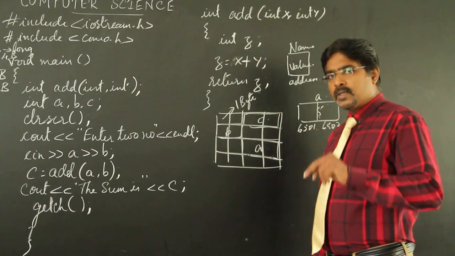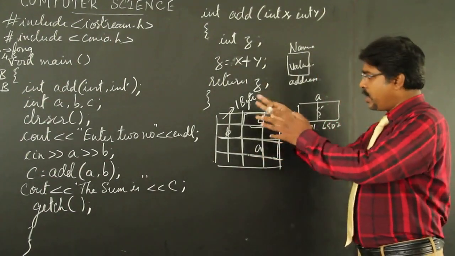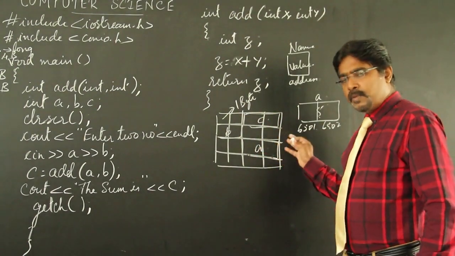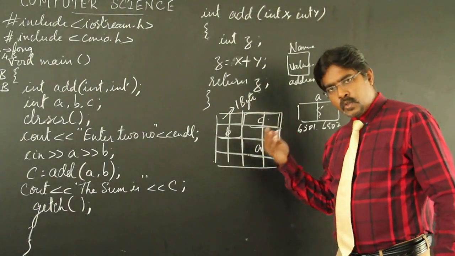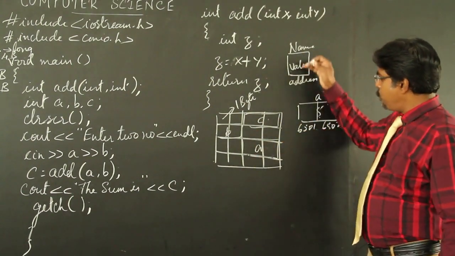In case of float, 4 bytes, then 4 addresses will be there. Likewise here, for our example, we have taken A, B, C, so each will have 2 bytes and 2 addresses for each. A, 2 addresses; B, 2 addresses; C, 2 addresses. That is the 3 parts I have told you.